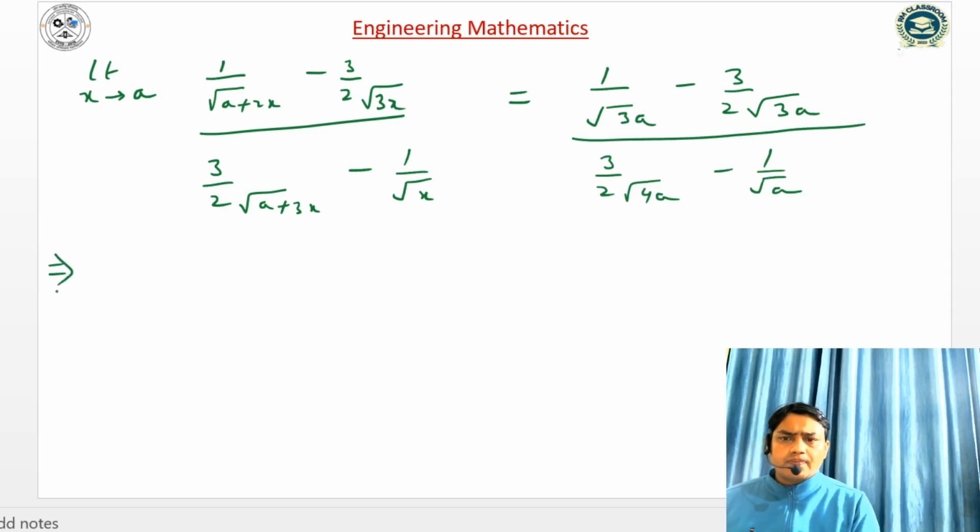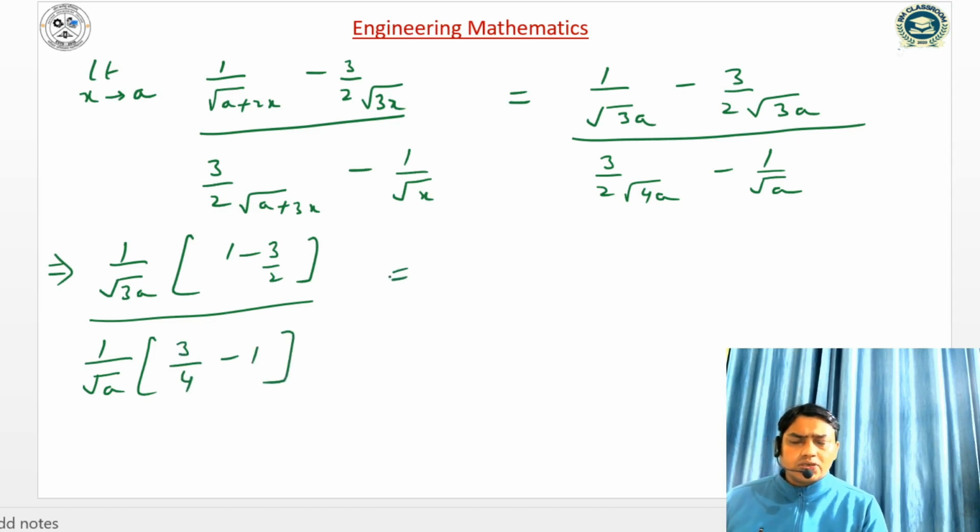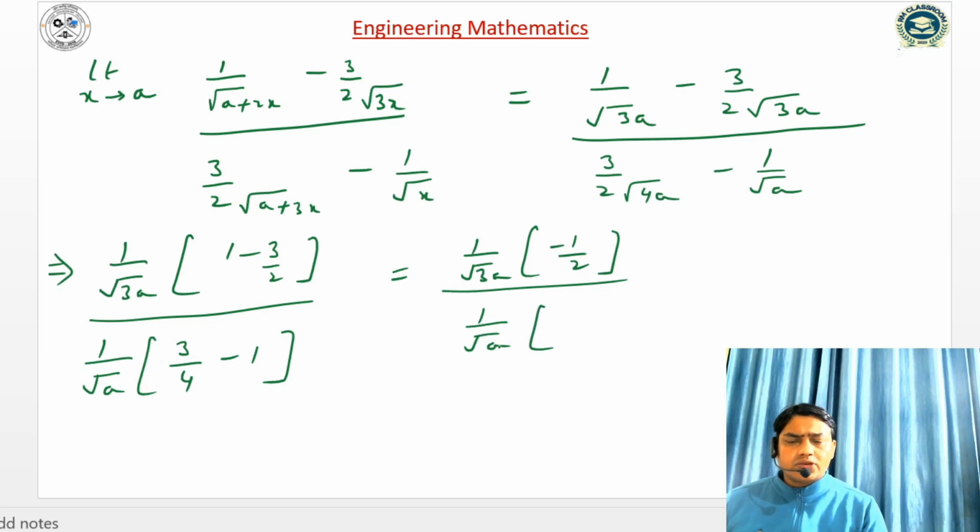If I take common 1 by square root of 3a in the numerator, it will be 1 minus 3 by 2, divided by 1 by square root of a in the denominator. If I take common, it will be 3 by 4 minus 1. So we can write 1 by root 3a times minus 1 by 2, divided by 1 by square root of a times (3 minus 4), so it will be minus 1 by 4.